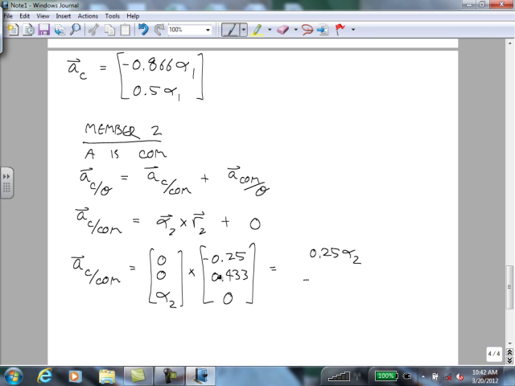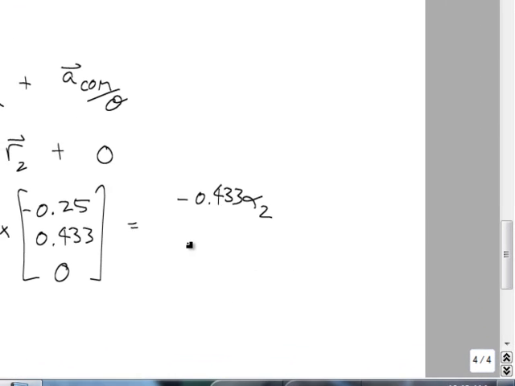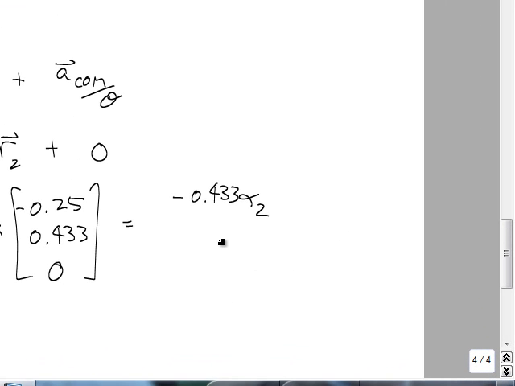Did I do that wrong? Yes, I did. This should be negative 0.433 alpha 2, and this one should be negative 0.25 alpha 2.